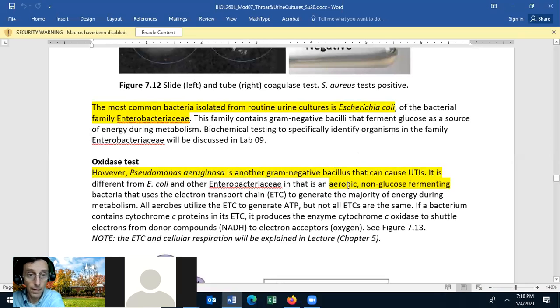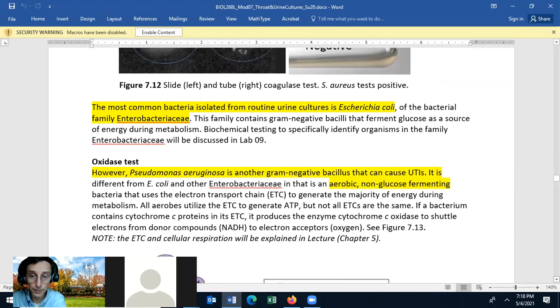However, Pseudomonas aeruginosa is an aerobe. We didn't mention that, but Enterobacteriaceae are facultative anaerobes. And then Pseudomonas cannot ferment glucose, whereas the Enterobacteriaceae can.